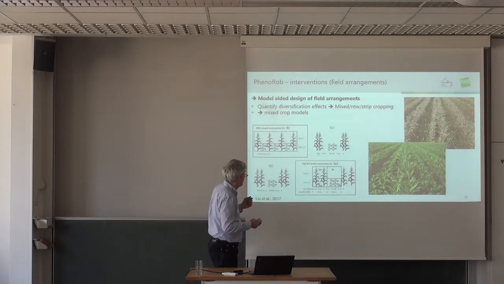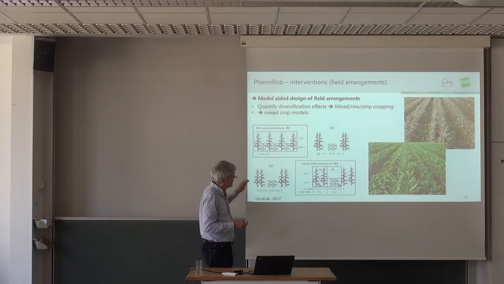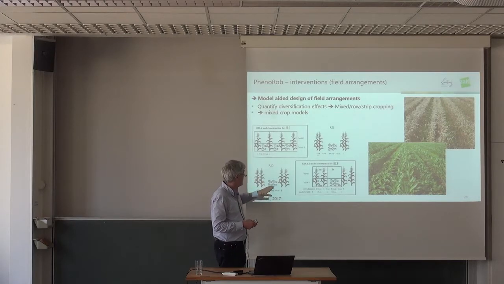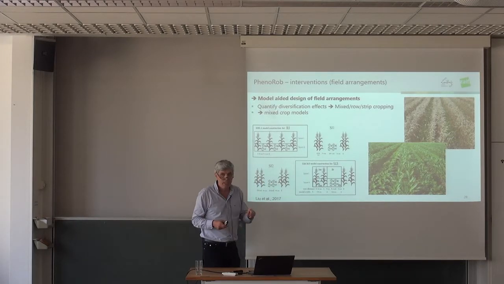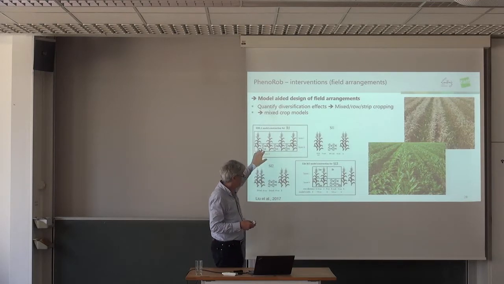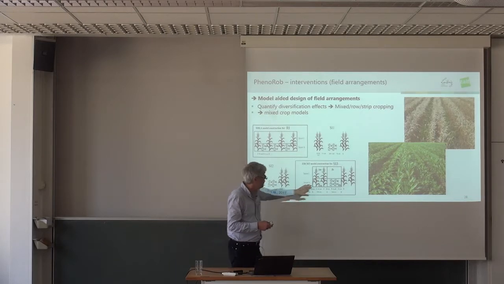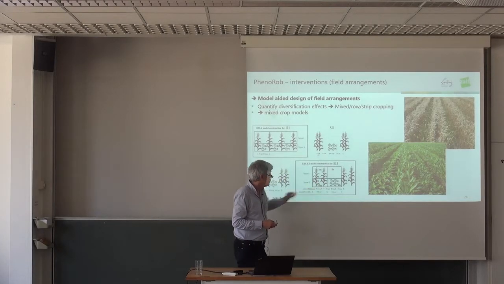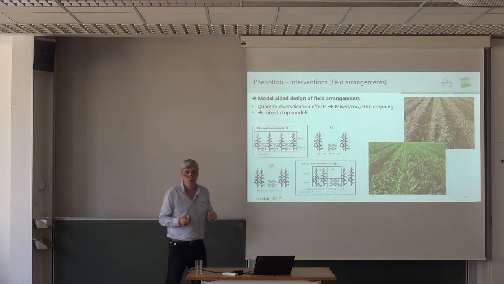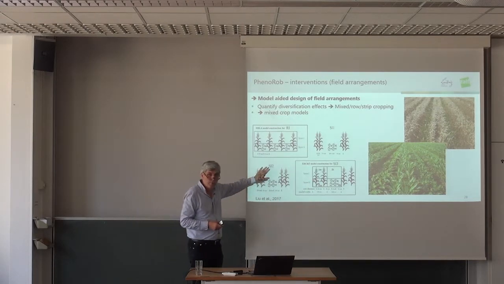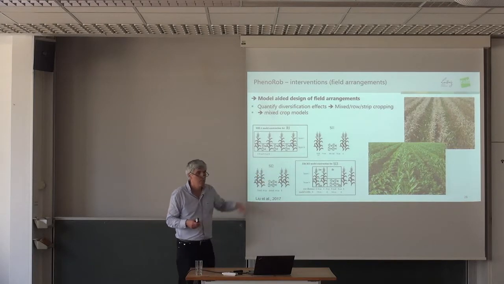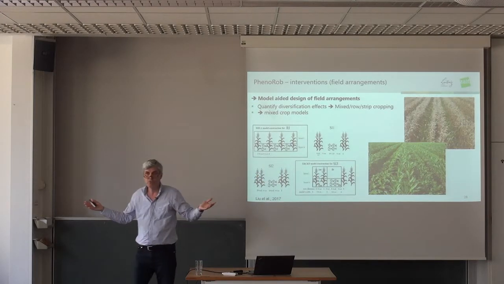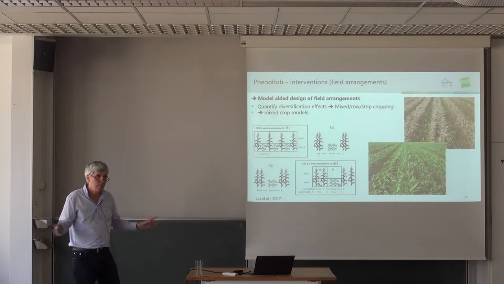This is an example where different ways of combining a maize crop with a soybean crop are tested: whether you have them row by row, as a row crop, or in a strip crop format, or to which extent you should or could vary the distances between the rows. And this is only for 2 crops, so you've got already 4 options here. If you imagine we have maybe 30, 40 crops grown in Germany, there's quite a room, again, to explore.